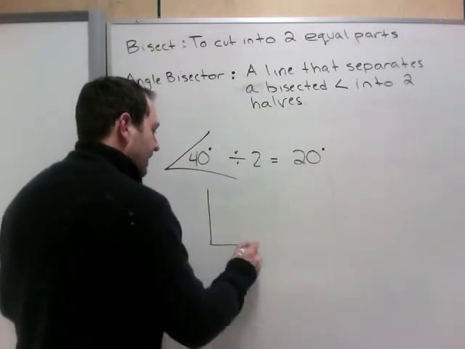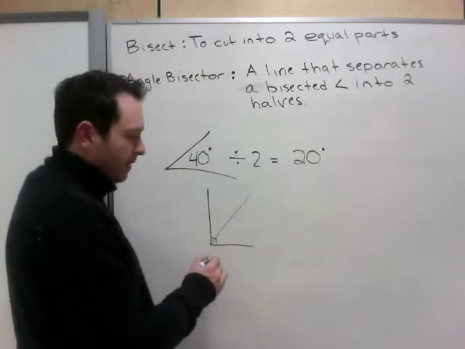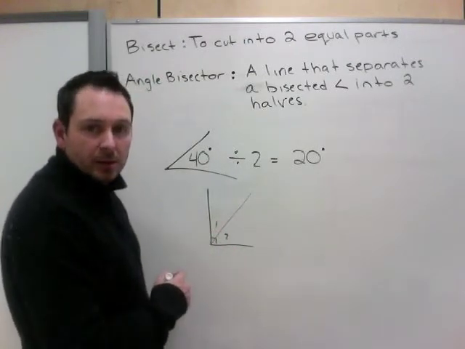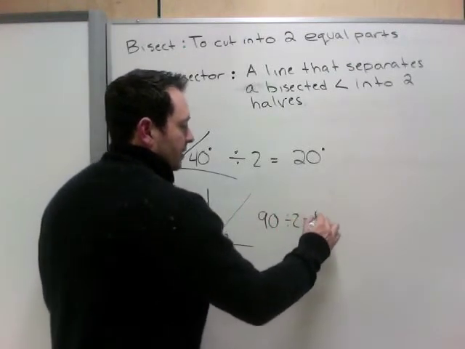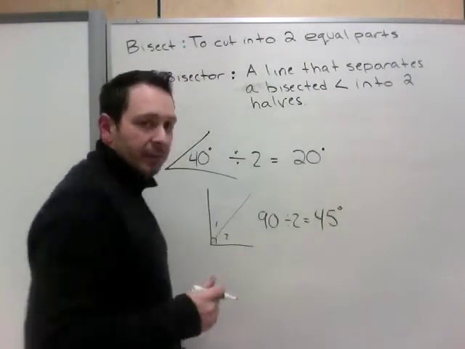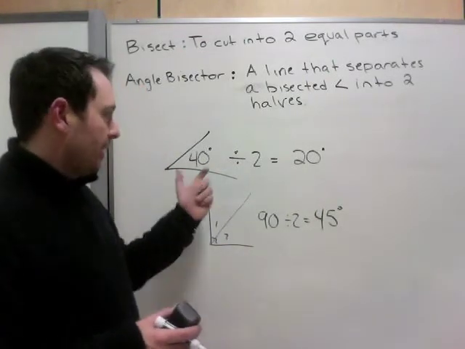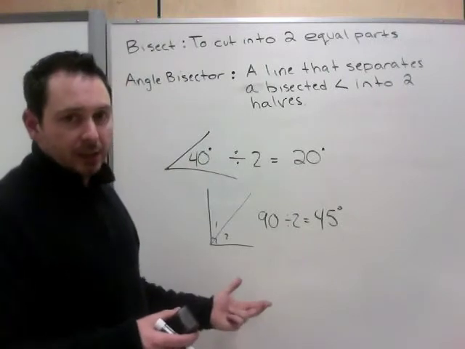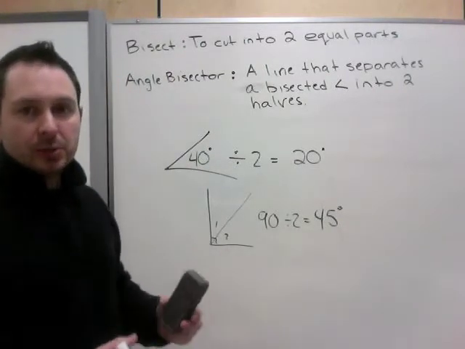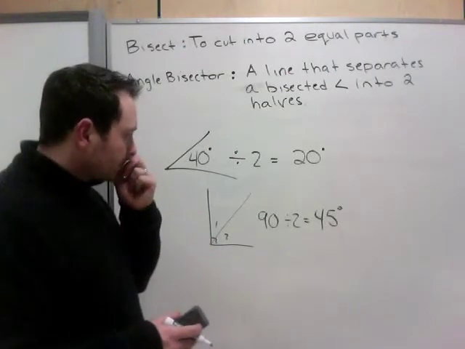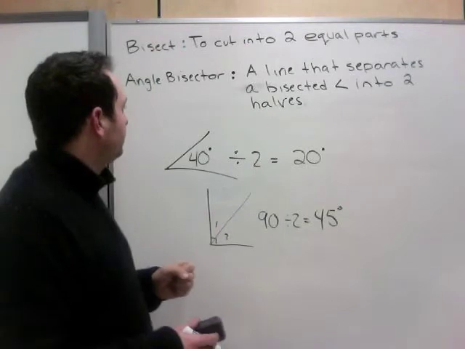If we had a 90-degree angle, and we bisected it, cut it in half, so we have two equal parts, well, 90 divided by 2 is 45 degrees. So that's all there really is to bisecting angles. You need to know how to do it algebraically using your calculator or mental math, and you need to know how to do it using a compass as well. So again, if you didn't get it, check out that other YouTube video.